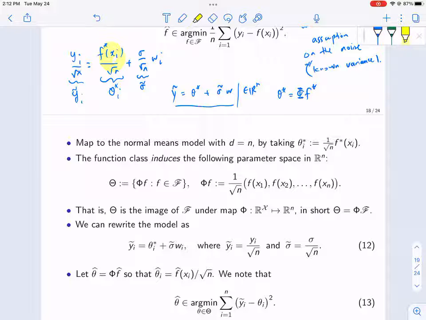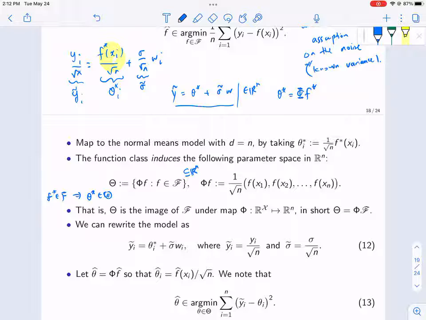And as f varies in the function class, phi of f varies in a subset of R^n. So that gives us the theta. If you recall, there was this subset capital Theta in which we assumed the true parameter lies, and in fact, in this case, because f star belongs to the function class, this implies that theta star belongs to this capital Theta.